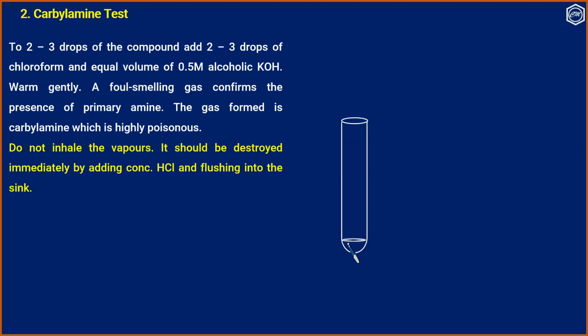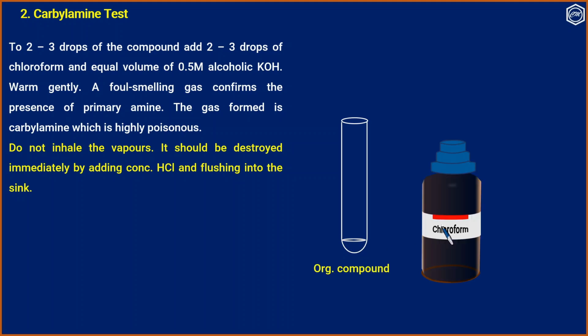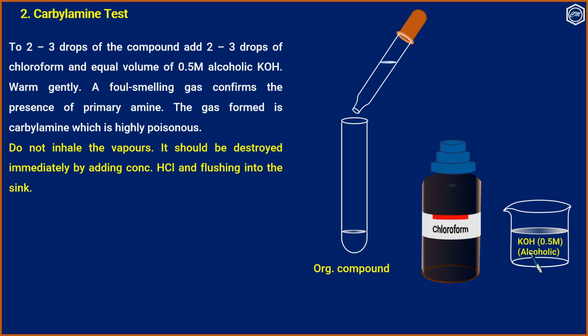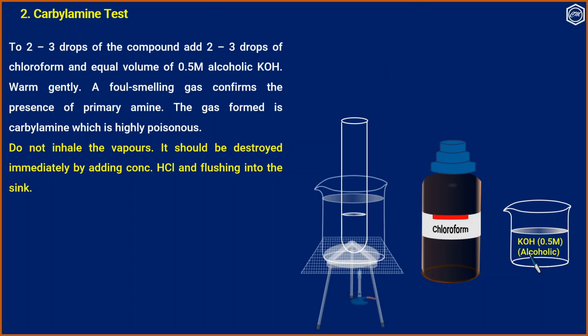So we take the organic compound. To that we are adding chloroform. This is chloroform. And after that we add alcoholic potassium hydroxide, that is potassium hydroxide dissolved in alcohol. After that, gently warm the mixture on a water bath for some time.